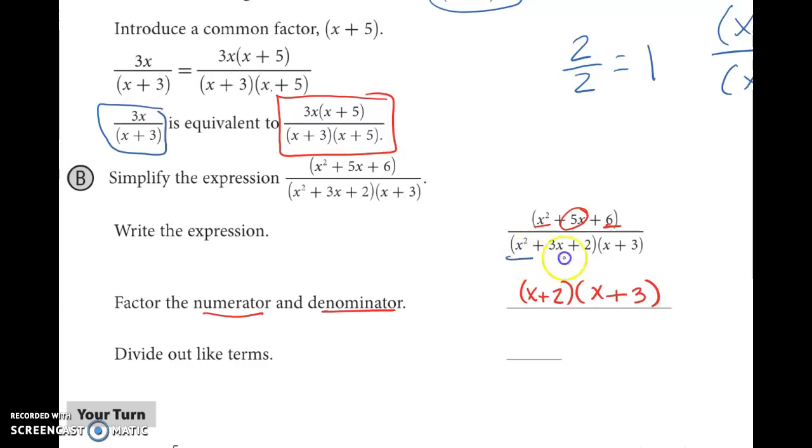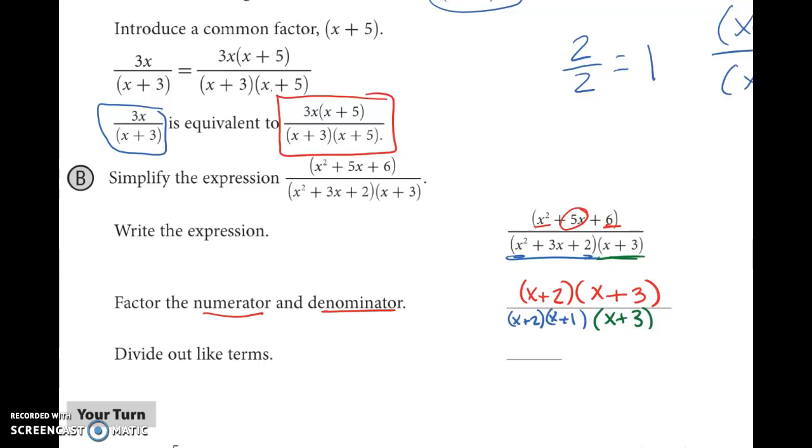On bottom, I have this here that can be factored, and what multiplies to x squared is x, and what multiplies to 2 but adds to 3 is 2 and 1, and both have to be positive in order to add to 3. And then don't forget, we still have this here, so let's write that x plus 3.